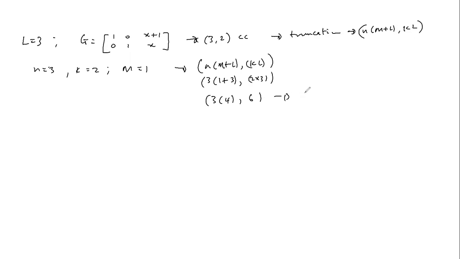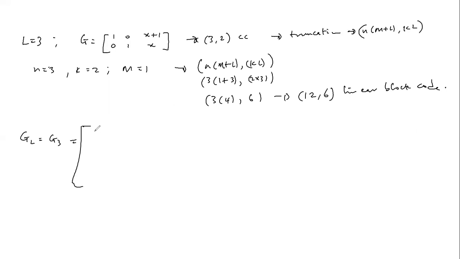So this is going to give us a 12 by 6 linear block code. And for us to get this, G sub L, which is equal to G to the power sub 3, gives us some finite matrix. So we have 6 rows, 12 columns.